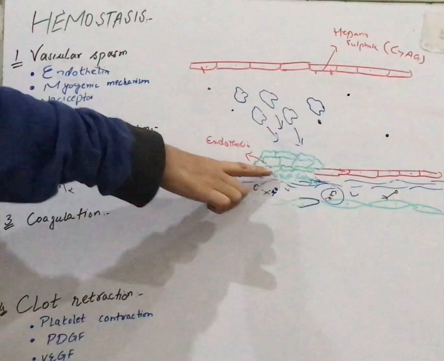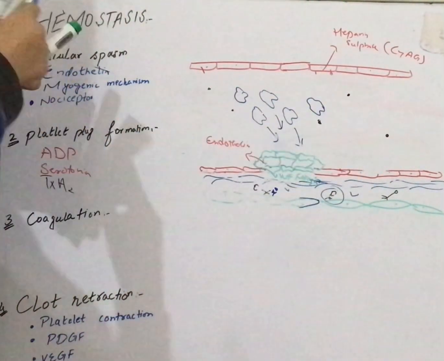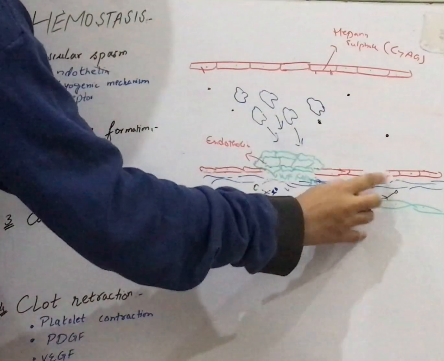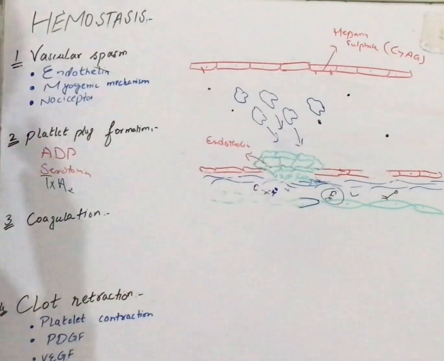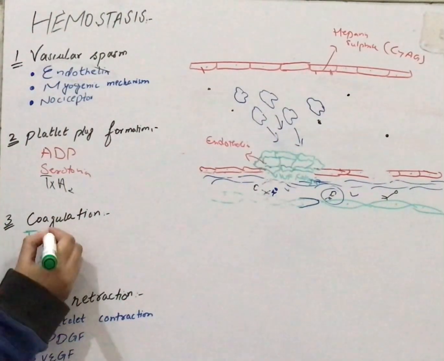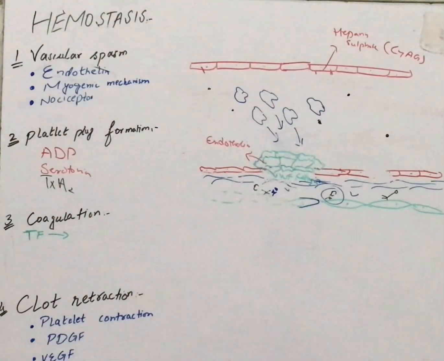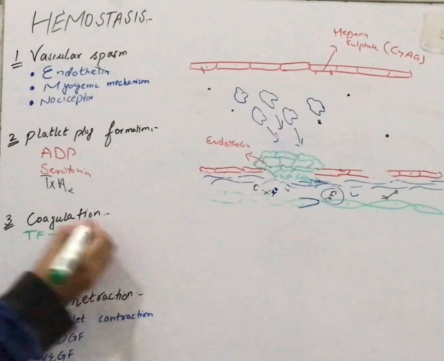When there is an injury, suppose here is an injury. Now tissue factor gets exposed at the site of injury and will set in motion a cascade of clotting proteins. These clotting proteins are basically formed by our liver, and when tissue factor is exposed, it activates factor 7.